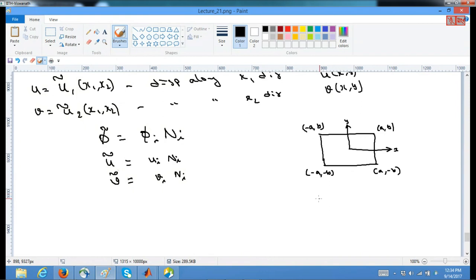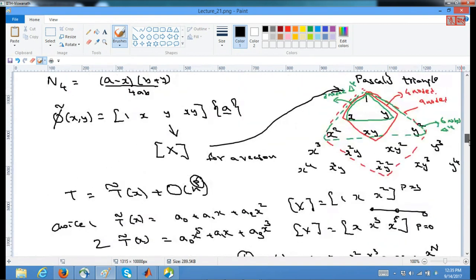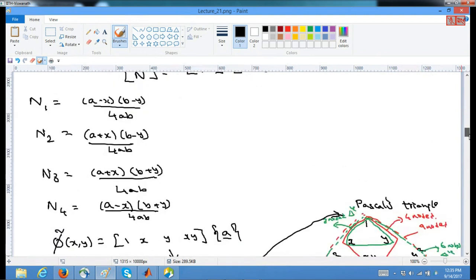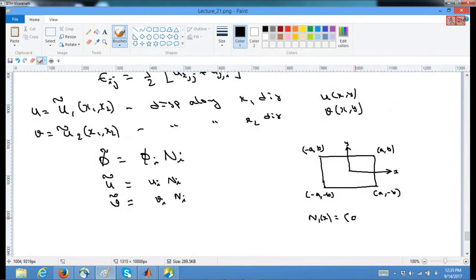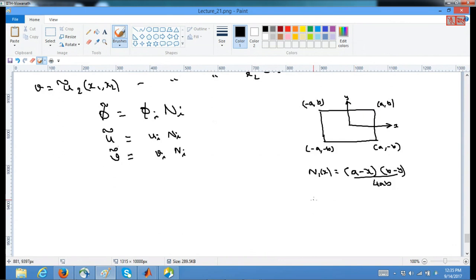We have got our shape functions today, so we have written them for a, b and 3.